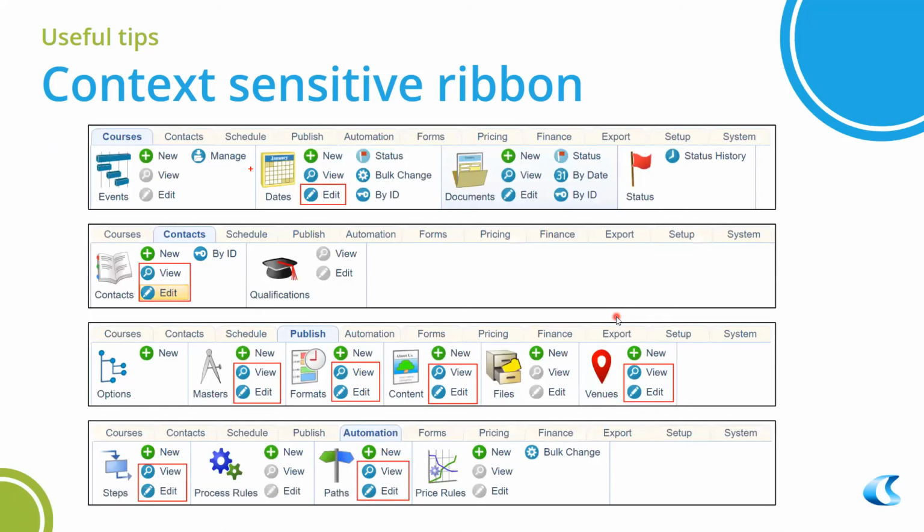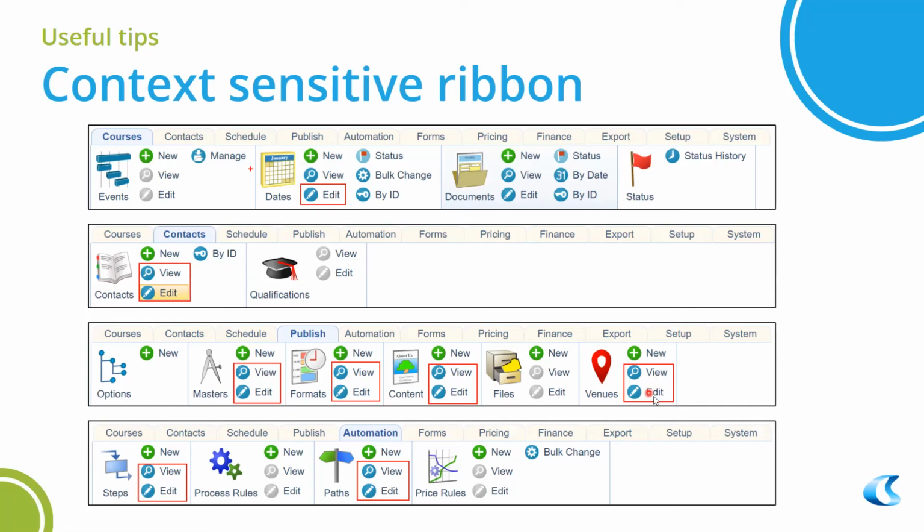And here's an example. So if I'm visiting a document, you can see here I'm able to edit the course date under the courses menu. Under the context menu, I can immediately view or edit the contact. Under the publish menu, I can edit the master, I can edit the format, I can edit the content, which goes directly to the course description of the course date.